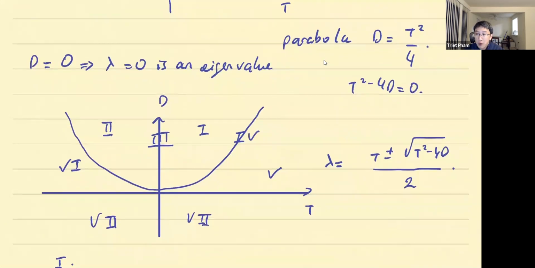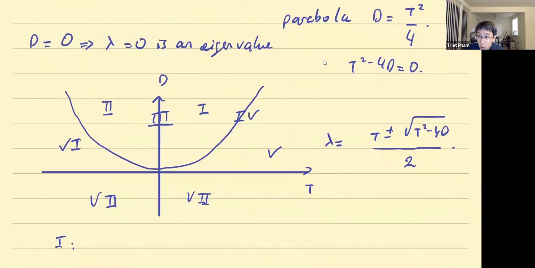So what do you think region 1 is? What I'm referring to is things like spiral sink, spiral source, sink, source, repeated eigenvalue sink, repeated eigenvalue source, what else, like saddle point, that kind of stuff. So what do you think 1 falls under?